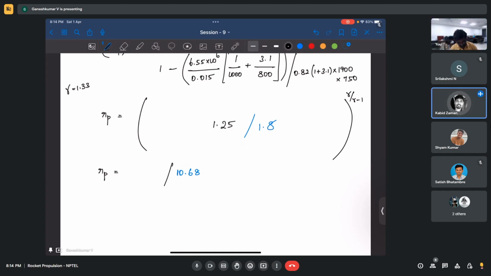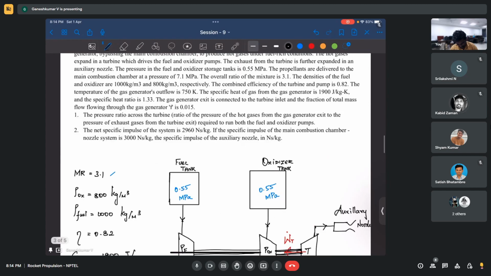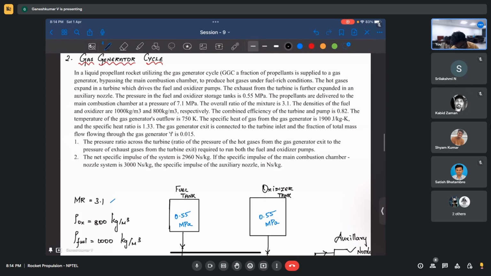Is the combined efficiency 0.8 or 0.82? 0.82. Okay, it's 0.82.